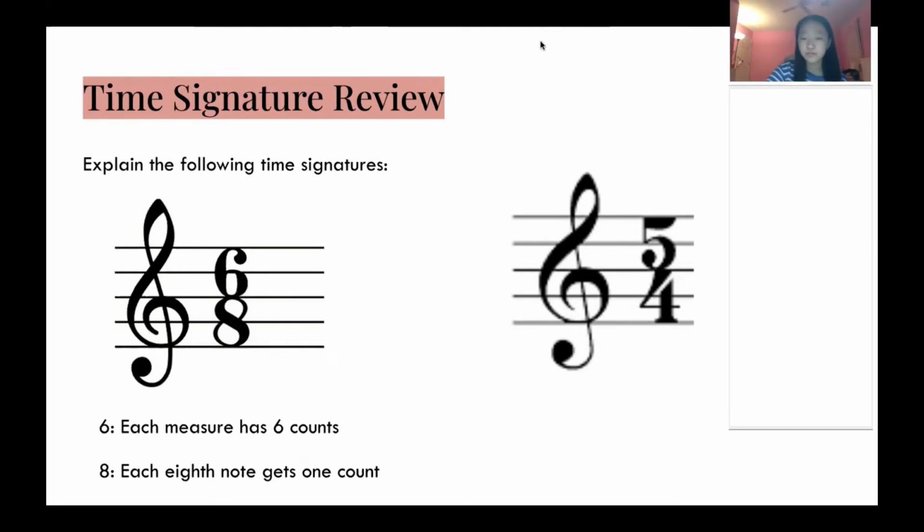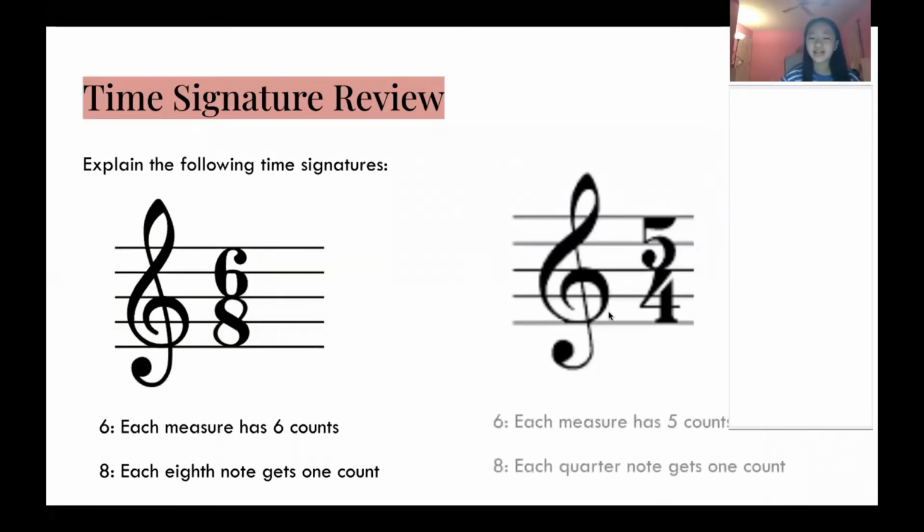Okay, so for the second one, I'll call on Dylan. That each measure has 5 counts and a quarter note is a beat. Very good. So the top number tells you how many counts each measure has, and the bottom number tells you which note gets 1 beat.